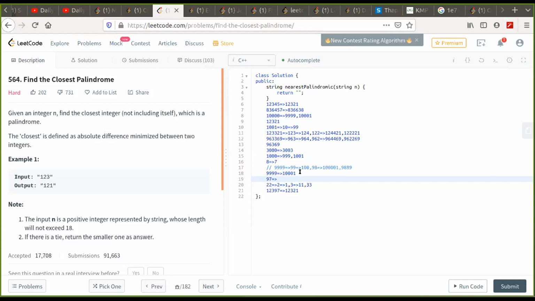Suppose you have a three-digit number and my candidate is a number of two digits. I would always choose 99, because anything smaller than 99 will be far from that number. When you subtract any other two-digit value, the difference will be more than what I get from subtracting just 99.